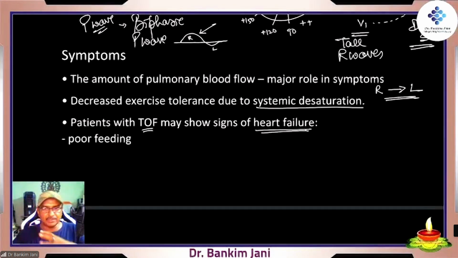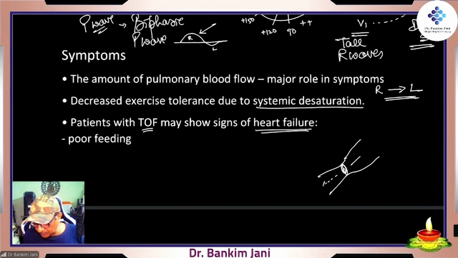So everything is becoming massive. At the same time, in the lungs, the amount of blood which should go is not going. Why? Because there is pulmonary valve stenosis. This is the pulmonary trunk. Less blood is going towards the lungs. Due to this, the blood is getting pooled, and that is what is called fluid overload.